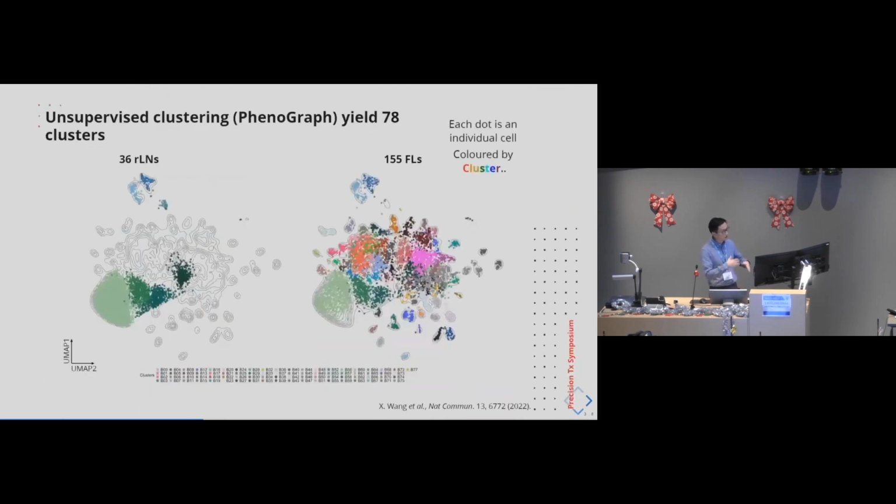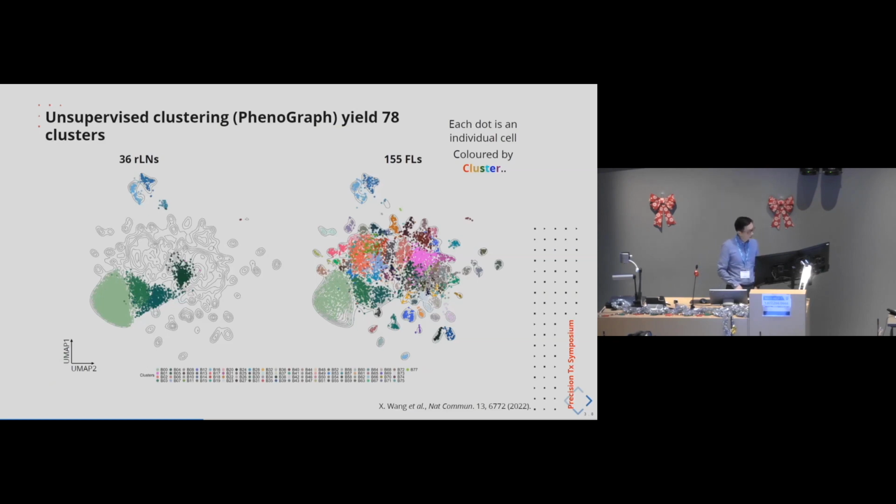We cannot just eyeball what all these populations are, so we performed phenotypic clustering, unsupervised clustering, to give us another idea of how many clusters we can have, and whether they can do a good job of separating the different cell populations based on immune phenotypes. The phenotypic clustering yielded 78 clusters. Six of them, I think, are from reactive lymph node.